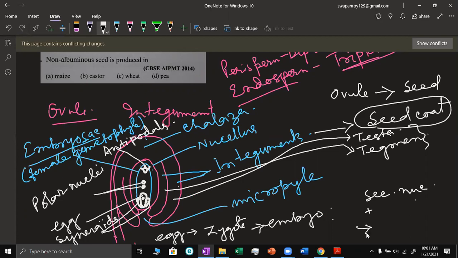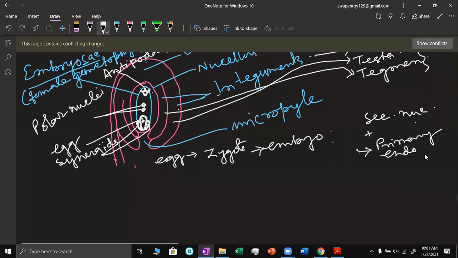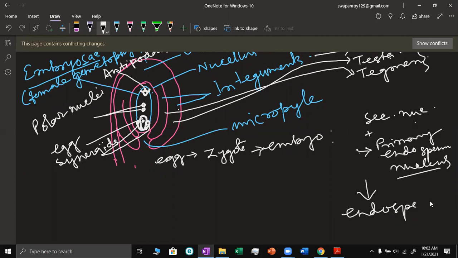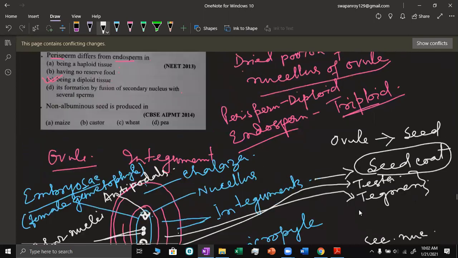This gives rise to the primary endosperm nucleus, and this primary endosperm nucleus ultimately forms the endosperm.